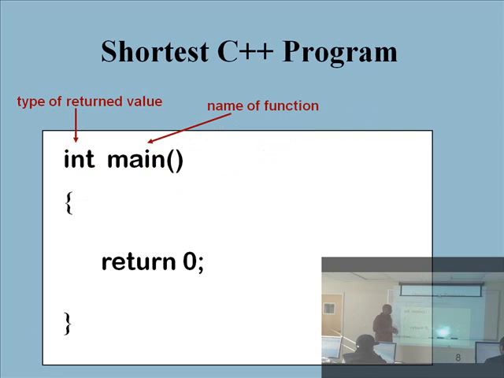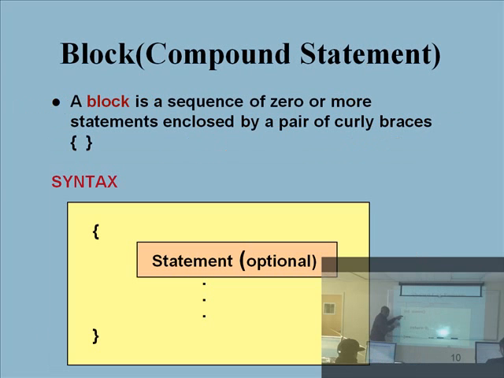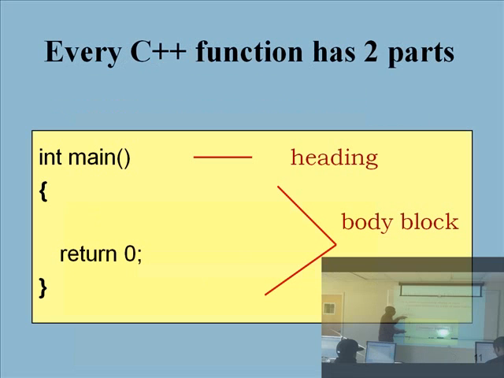So you're always going to have return 0. Okay? Just a little bit more about this header. It has a return type and a name, and it's blocked in braces. As I said, no parameters. The braces hold a body of statements, curly braces.